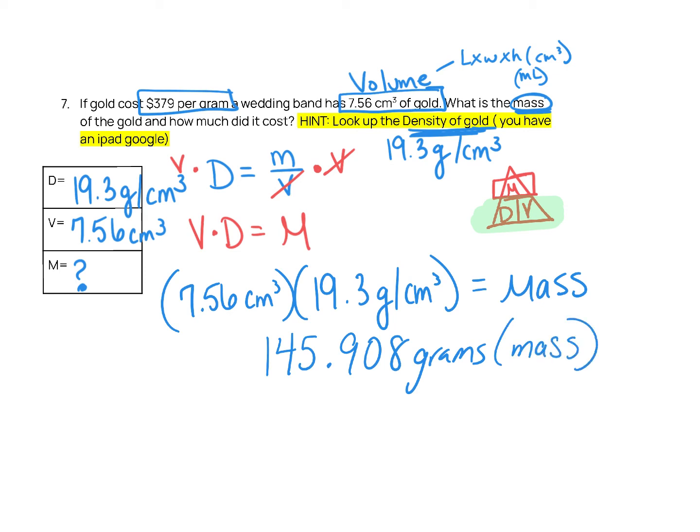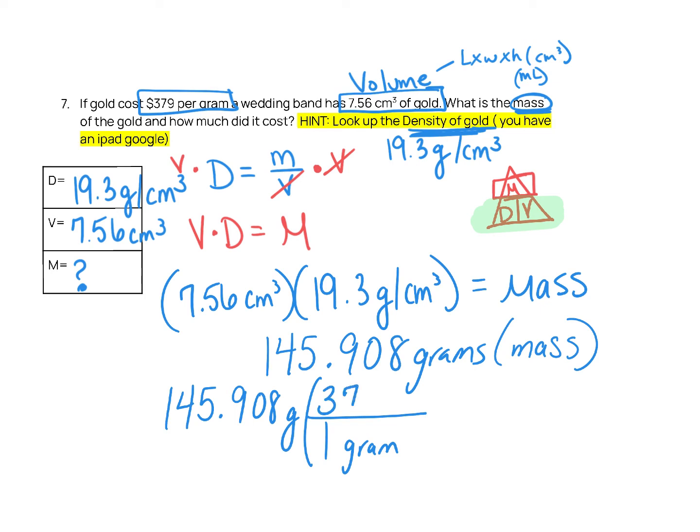I'm going to keep all of those digits so that I can calculate how much this wedding band cost. So it says that gold cost $379 per gram. Well, I know that this wedding band is 145.908 grams. So 1 gram is going to cost $379.